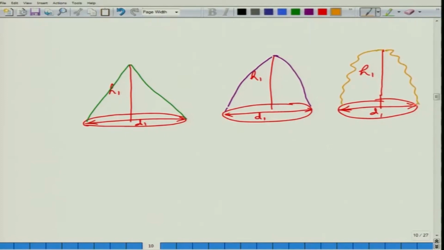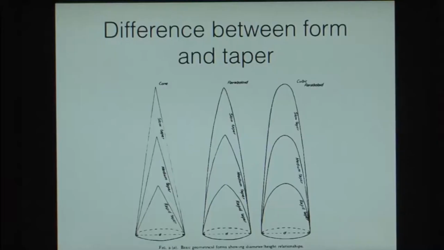Now, in all these three cases, we would be having the same taper, which would be equal to d1 minus 0 upon h1 is equal to d1 upon h1. So, all these three are having the same taper, but these are different forms. So, coming back to the slide, here also we can observe that we have different forms for the same taper and different tapers for the same form.